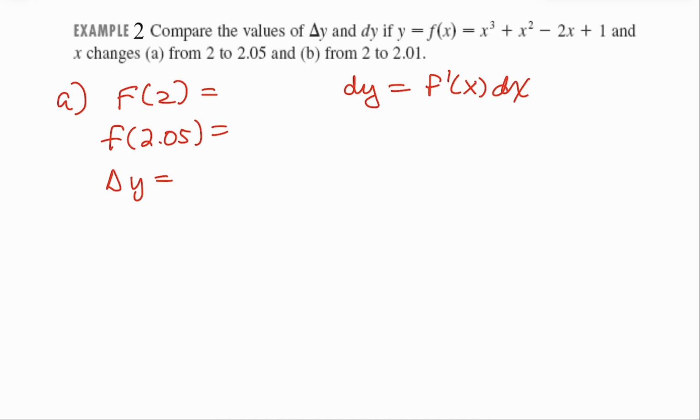So what we're going to do is look at this formula to find dy in terms of dx. Think about the fact that f prime of x for this particular function is 3x squared plus 2x minus 2 dx.